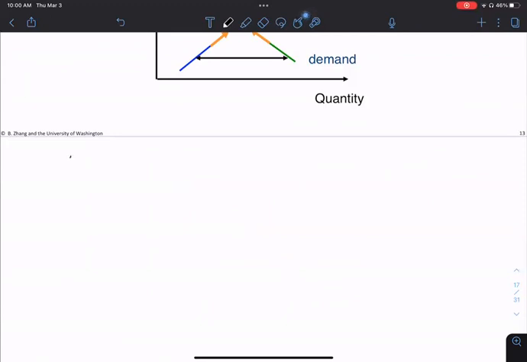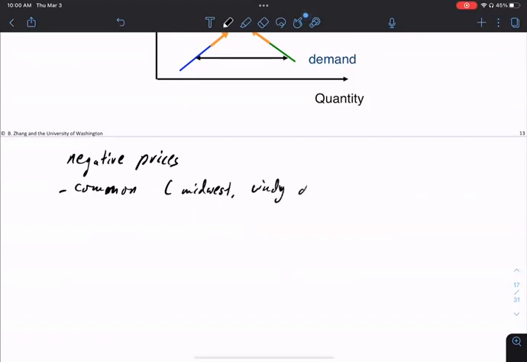So one thing we can look at is negative prices. This is common. Every day you see some price in the US being negative. It's not a rare thing. For example, in the Midwest on windy days, you see about negative $10 per megawatt.